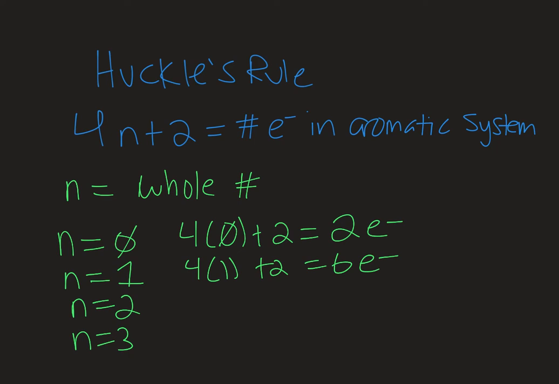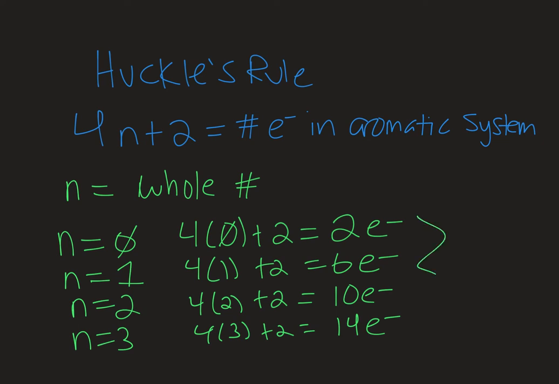So a system with 6 electrons would be aromatic. 4 times 2 plus 2 is equal to 10 electrons. 4 times 3 plus 2 is equal to 14 electrons. So any cyclic, conjugated, planar system with any of these number of electrons is going to be an aromatic system.